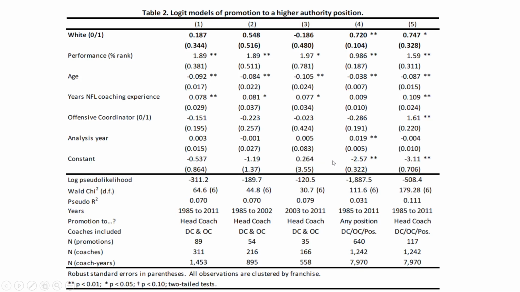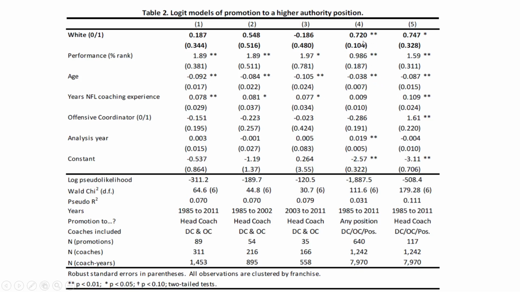But the interesting thing is, even including years where we have the Rooney Rule, being a white coach makes it more likely you get promoted, not just from those coordinator positions, but even from quarterback coaches or defensive back coaches to any position.